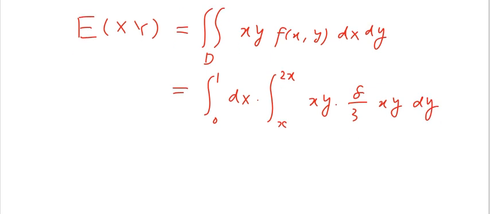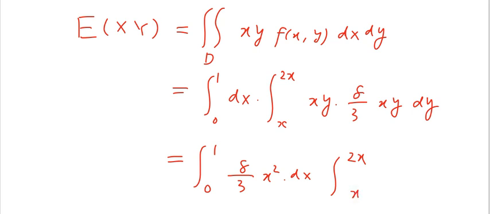Okay, for the dy integration, this x is constant. So here we put all constants out front, 8 over 3 x squared, right? Then y squared, with y from x to 2x.